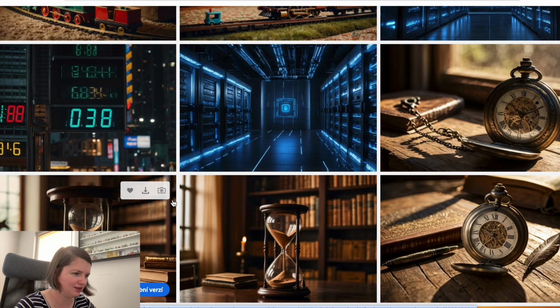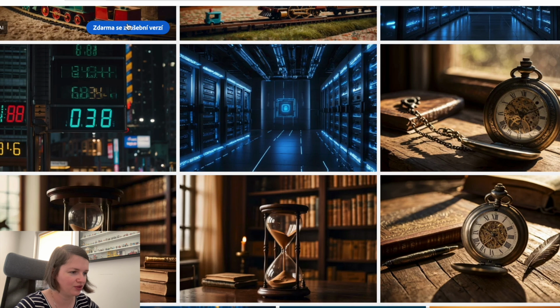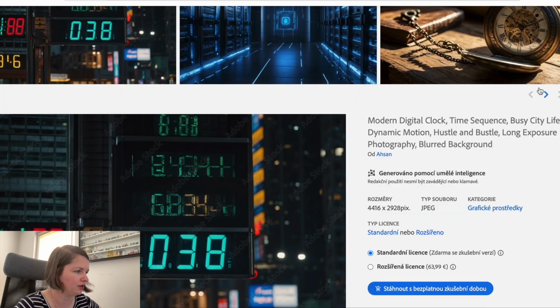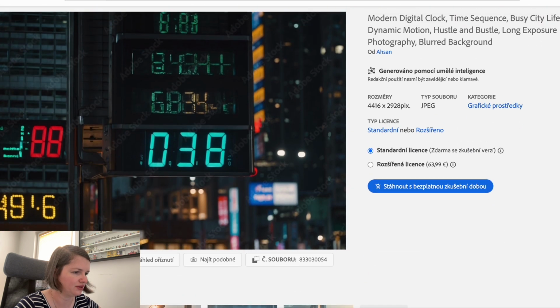I should understand what you are trying to tell me by this image right away, because the client will not look for an hour at your image to understand what your concept is, and if it's not readable right away, then it's not a good image. I will click on it so we can look at it a little bit better.